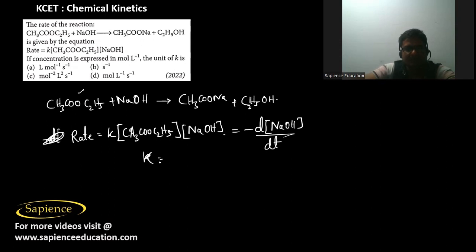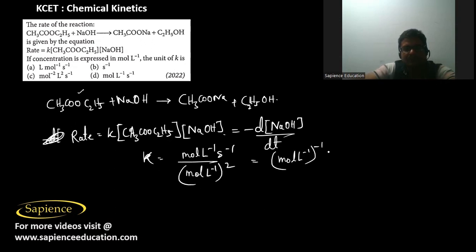So therefore K will be equal to mole per liter divided by second, by mole per liter whole square. So this will be mole per liter inverse per second. So this is liter per mole per second. So option A is the correct answer.